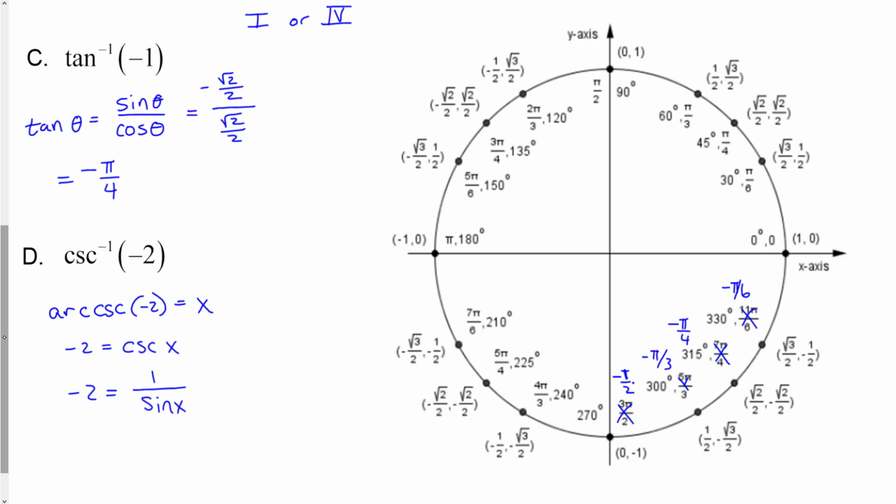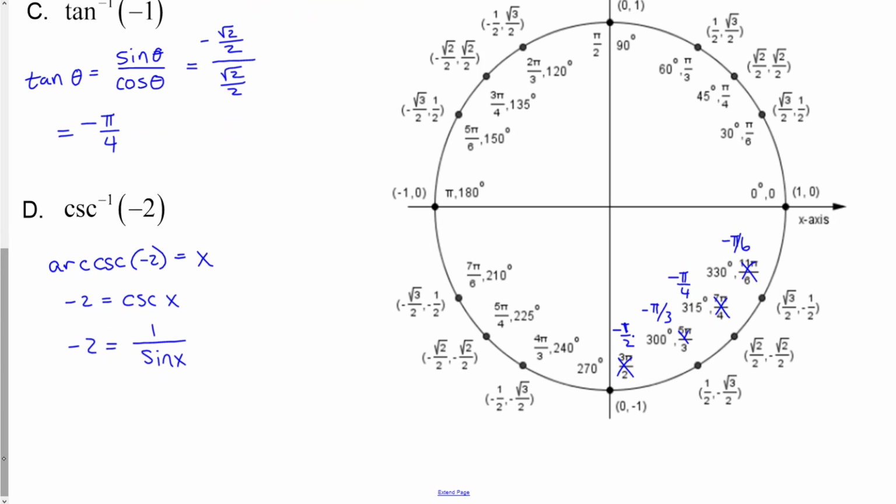So I think you might be able to see what I'm doing here. I'm just trying to rewrite this so that I'm looking for a value of sine rather than a value of cosecant. If you're comfortable with cosecant and secant values, you don't need to do this, but for those that are uncomfortable with cosecant and secant, you can always change it into sine or cosine regardless.